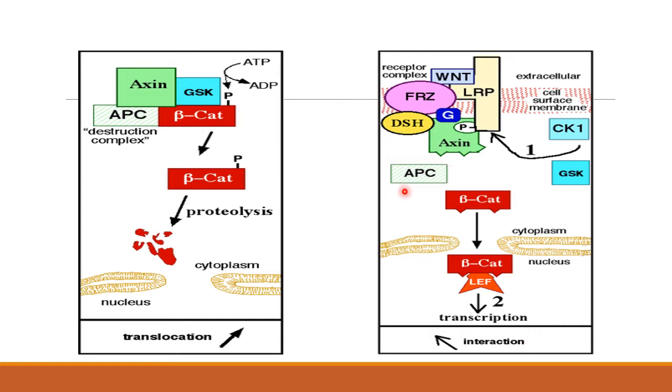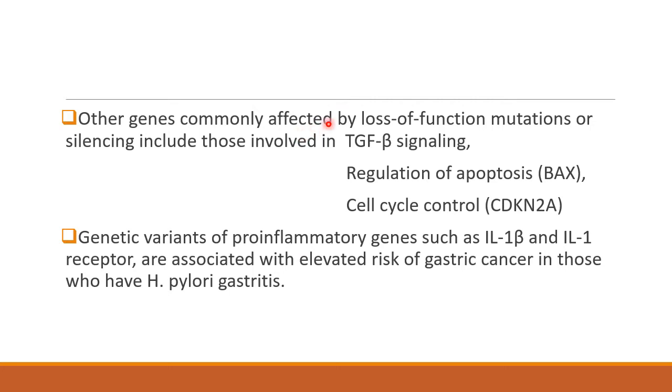So either mutations that lead to increased signaling via this pathway, or loss of function mutations of the APC gene, because normally it destroys beta catenin, or gain of function mutations of beta catenin will lead to the intestinal type of gastric cancer. Other genes that are also commonly seen are loss of function mutations of transforming growth factor beta signaling, because normally it is an inhibitor of cell proliferation, and if it is lost, then cell proliferation will continue.